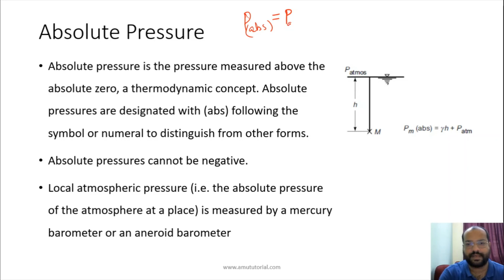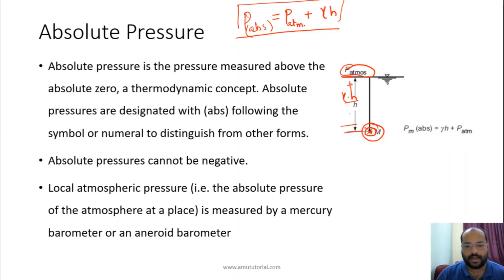So it will be P atmospheric plus gamma times H. Suppose we are calculating the absolute pressure at this point P. The reference is the atmospheric pressure, and from here up to here the pressure will be gamma times H. So P atmospheric plus gamma times H gives you the absolute pressure at this point P.